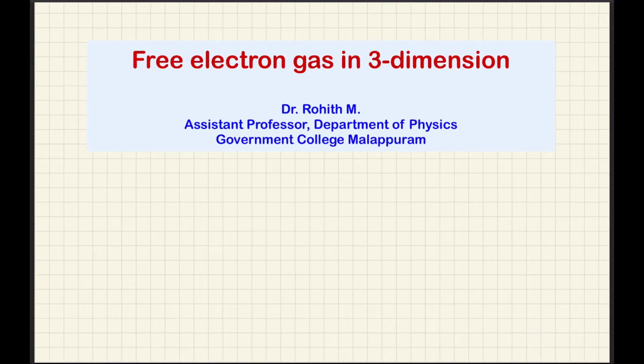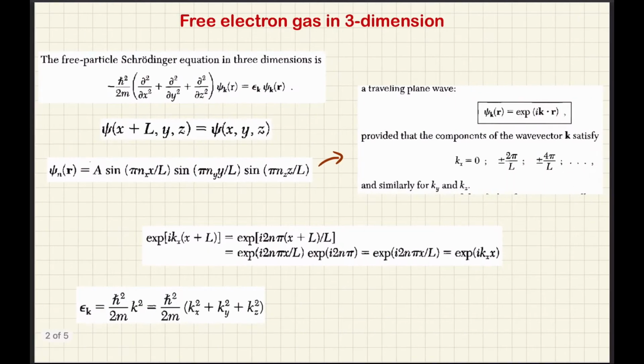Dear students, in this video I am going to explain the free electron gas model in 3 dimensions. In the previous lecture we talked about the free electron gas in 1 dimension, so it is just an extension of the previous lecture. Here also we consider the free electron gas, and you know what we mean by a free electron gas.